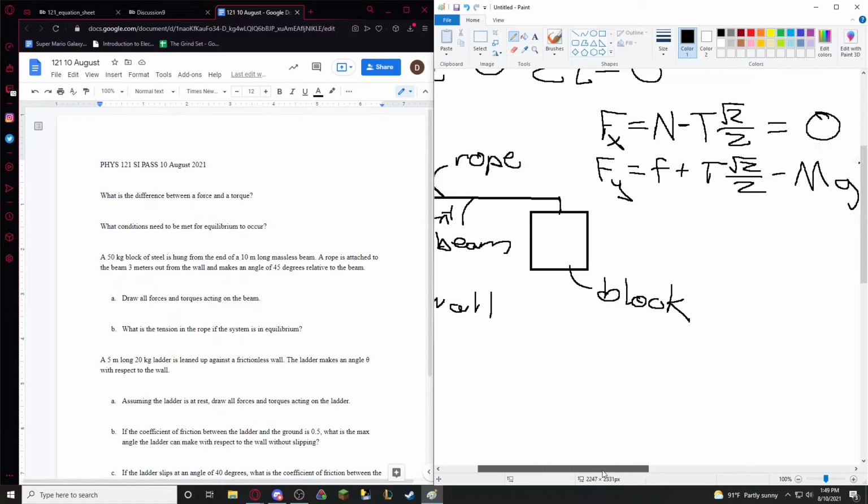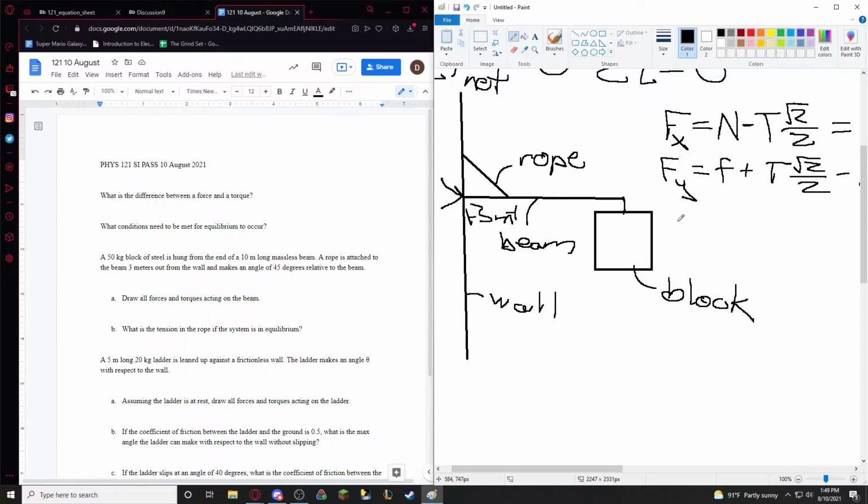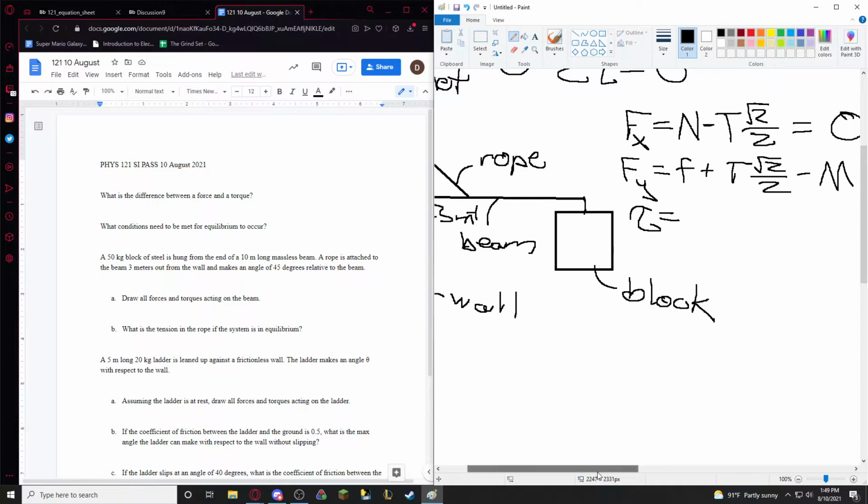So let's calculate our total torque at our selected pivot point. We don't have to worry about the friction or the normal force. So what is contributing to the torque here?